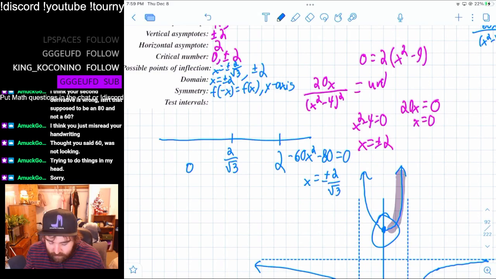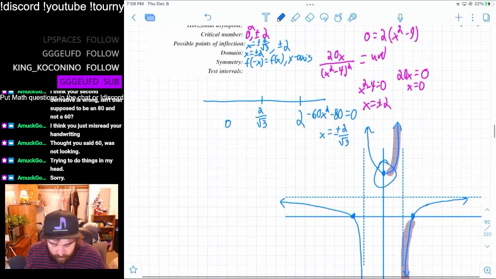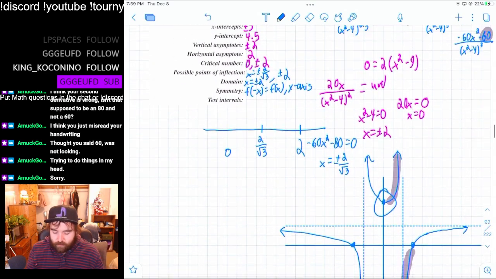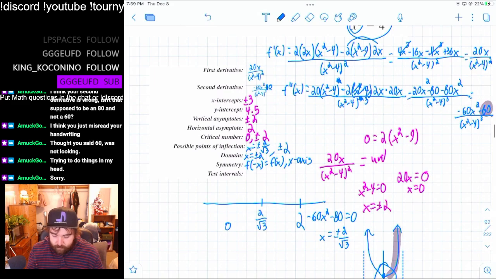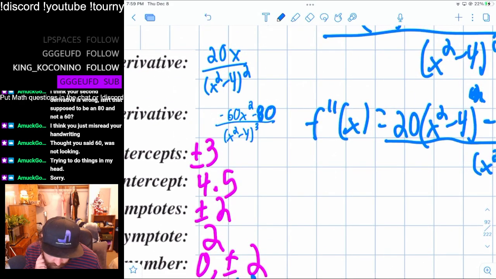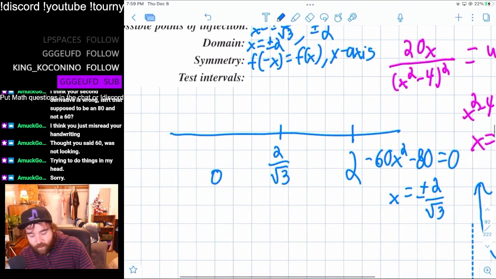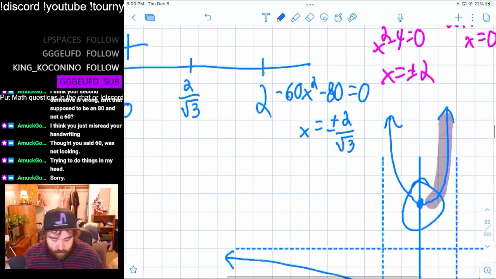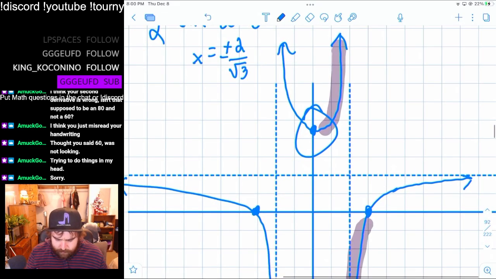I guess I could probably just think about it. I'm trying to think about the concavity. I'm trying to find what sign the concavity is in these places. So if I plug in x equals 0 to the second derivative, that'll tell me about the concavity. So if I plug in 0, I get negative minus negative, so a negative on top, and a negative on bottom. So it should have a positive, concave up concavity in this section, which we see makes sense.